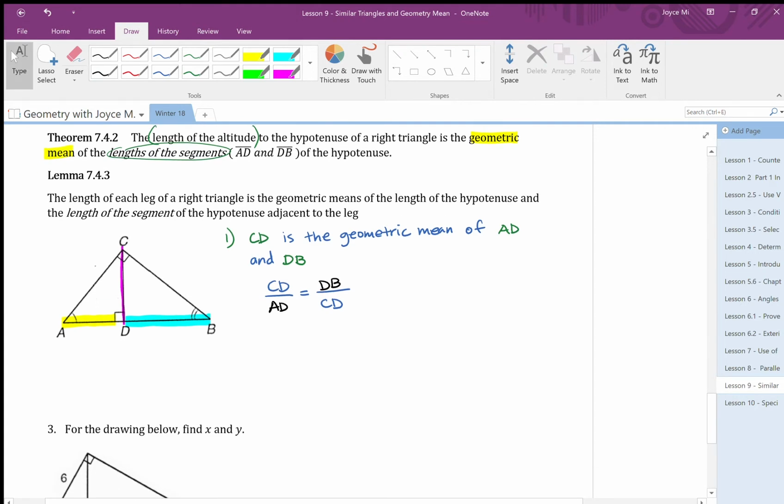Now let's look at the second theorem. It says that the length of each leg. Let's understand each one at a time. With something like this, it's good to highlight it, underline it, make it easier for yourself to see.